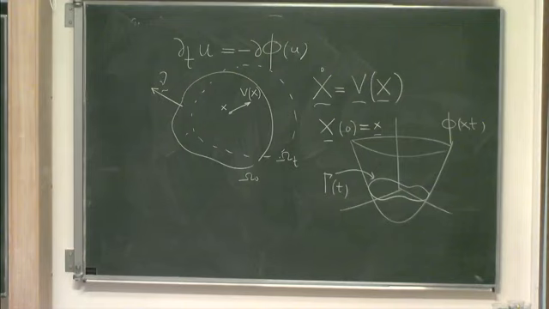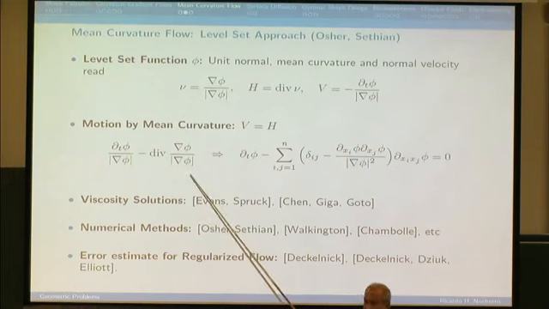Of course, that requires that the gradient doesn't vanish. H in terms of the divergence, the velocity in terms of the derivative in time and the modulus of the gradient, and then the equation v equals minus h, I think I'm missing a minus here, becomes this, or this, if you look at it in a slightly different way.